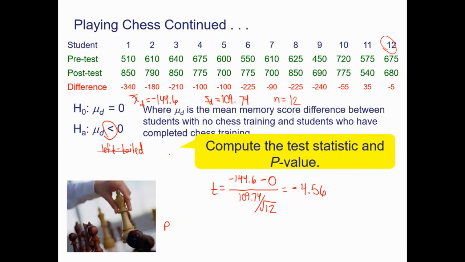So for the p-value, I would need to find the probability that t is less than negative 4.56. How many degrees of freedom do I have? Oh, we're back to the old-fashioned n minus 1. So n minus 1 is 11.